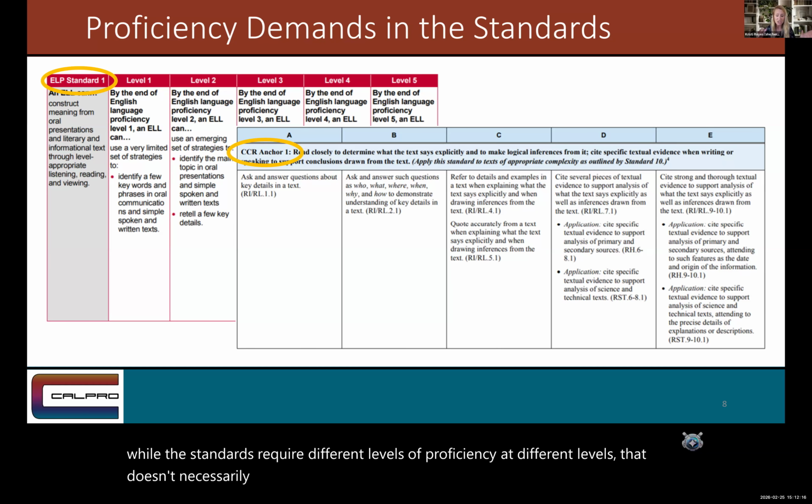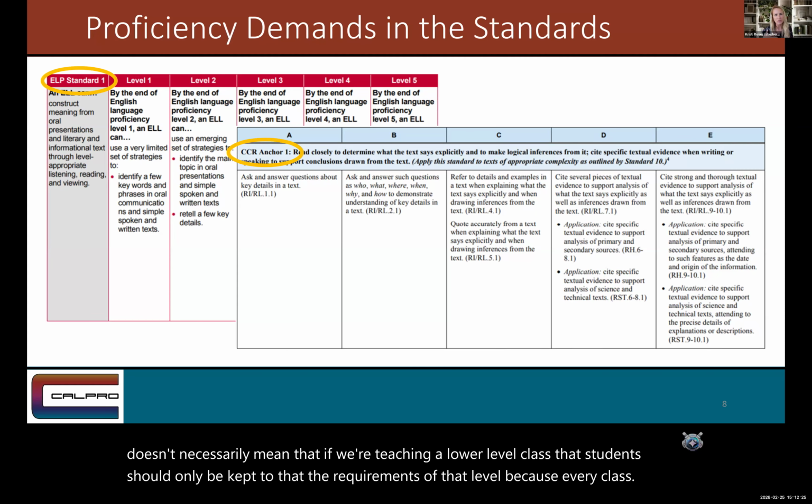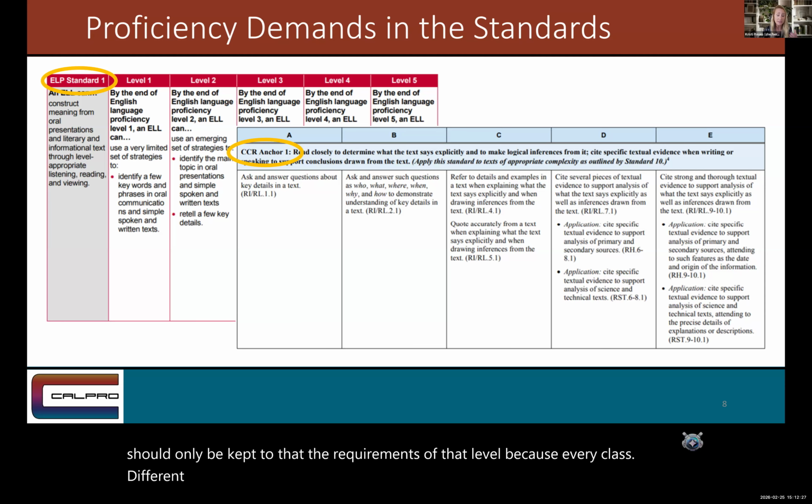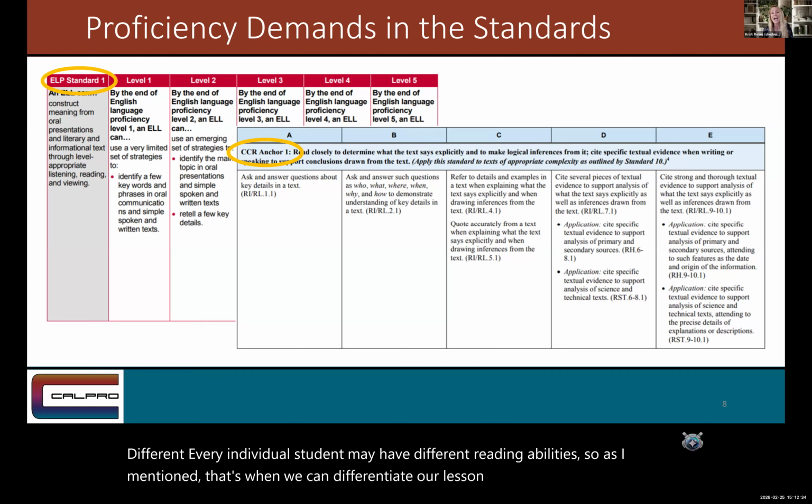However, while the standards require different levels of proficiency at different levels, that doesn't necessarily mean that if we're teaching a lower level class, students should only be kept to the requirements of that level, because every class is different. Every individual student may have different reading abilities. So as I mentioned, that's when we can differentiate. Our lesson planning and questioning should challenge all students at all levels.